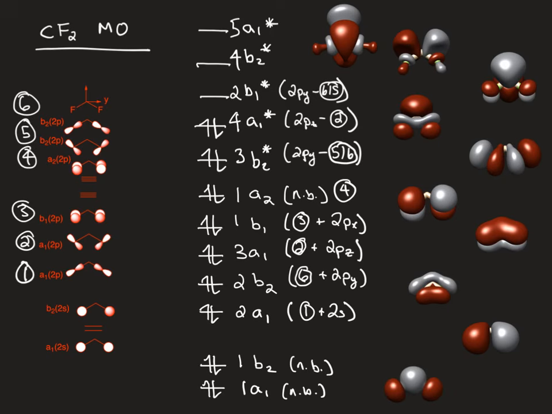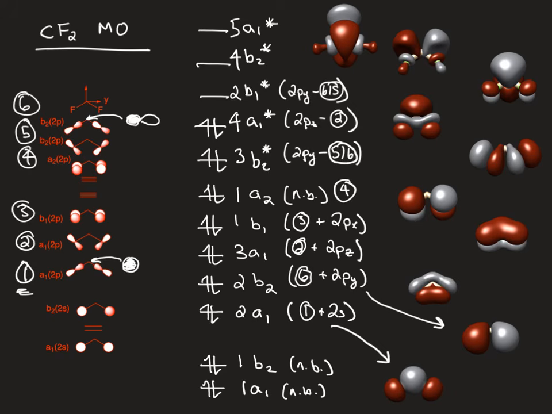Plotted here are the molecular orbitals of CF2 generated from an electronic structure calculation program. What we have are the 2A1 orbital, and you can see how this would result from a 2s orbital on carbon overlapping into that SALC 1. Here we have the 2B2, so this would result from a 2p orbital overlapping into there.